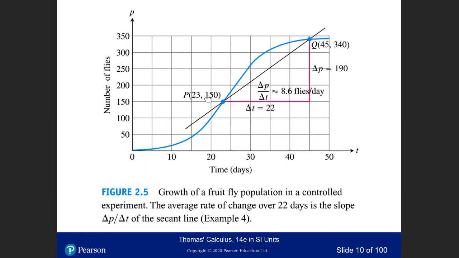So 23 and 150, that's 45, 350. So the average increase of the fruit fly population is 8.6 flies a day. And that's this difference, delta P, 190 divided by 22. So that's the average rate of change of the fruit fly population between these 2 points, of course.